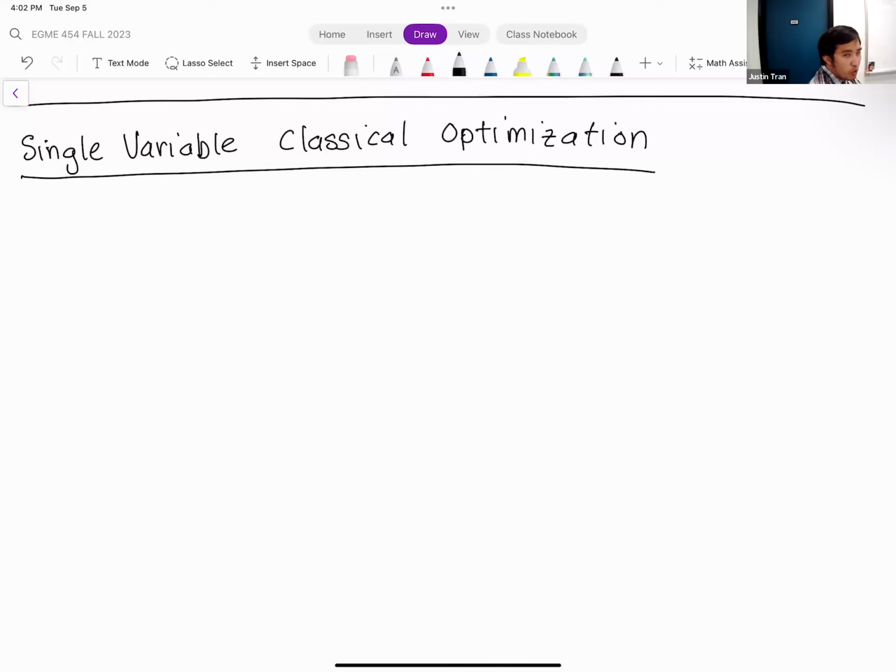Remember, this whole class is about optimization, so in spirit we're solving the exact same problem, and our objective in every optimization is the same. In classical optimization, that's no different. What we're looking for are the values of the design variables that minimize some objective function.